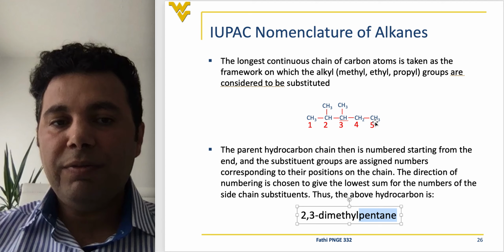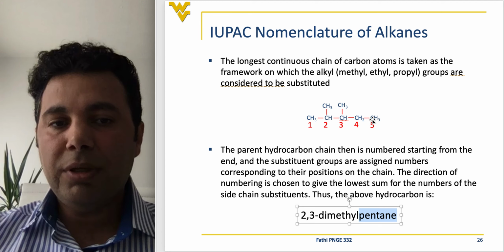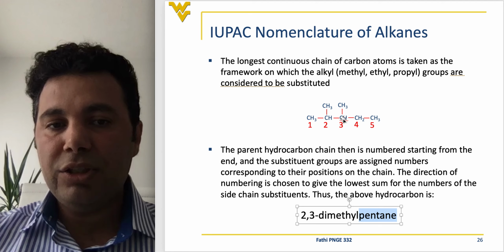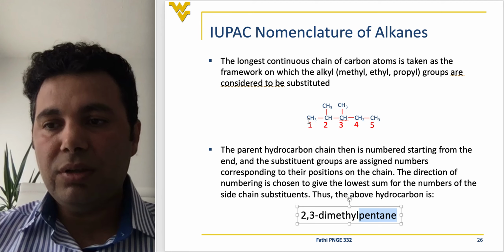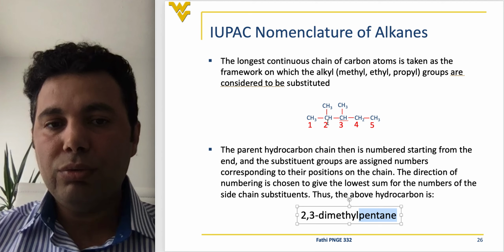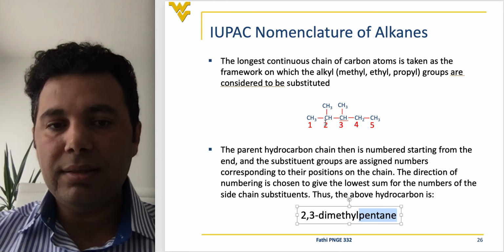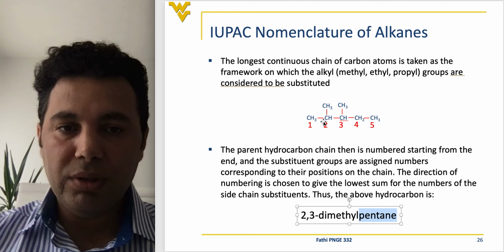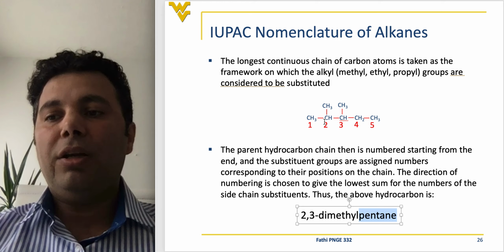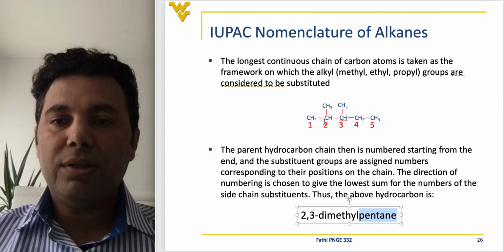If I number them from here, it becomes 1, 2, 3, so the first branch gets the number 3. But if I start from here, it becomes 1, 2. So this end is closest to the branch, and I'm going to number them from that side. I number them from the side which is closest to the branch.